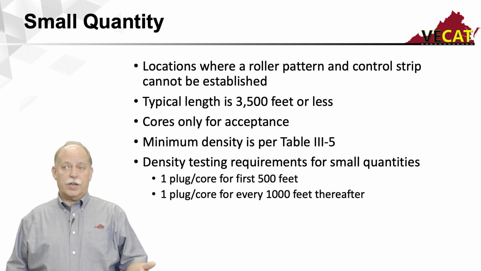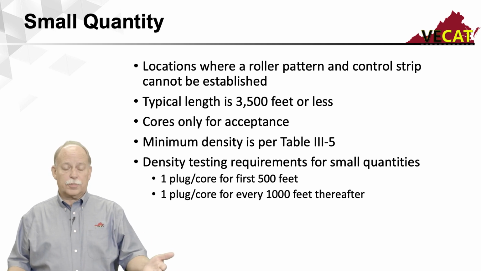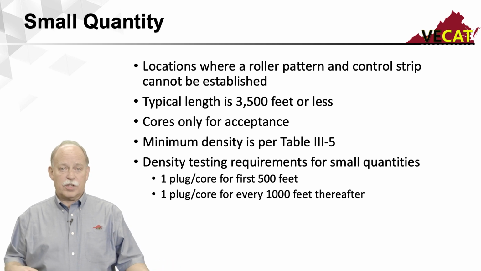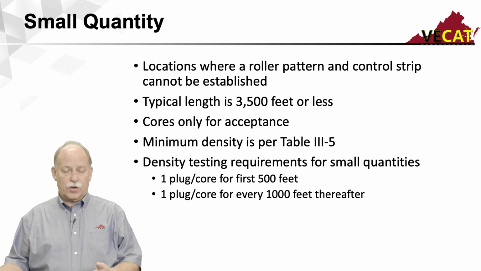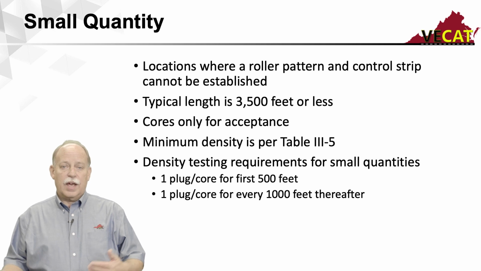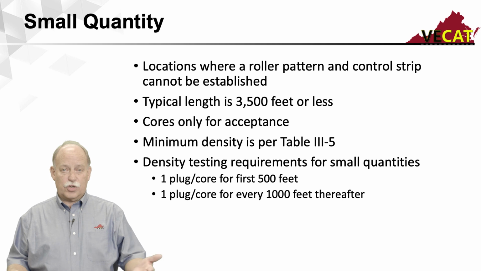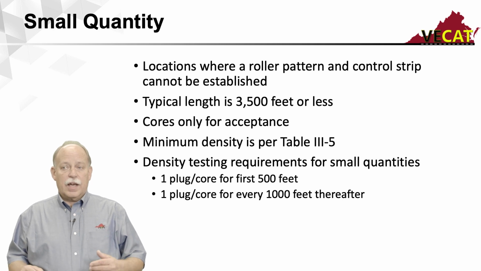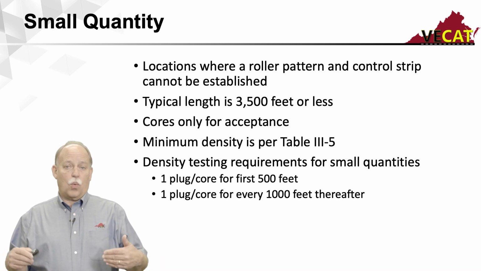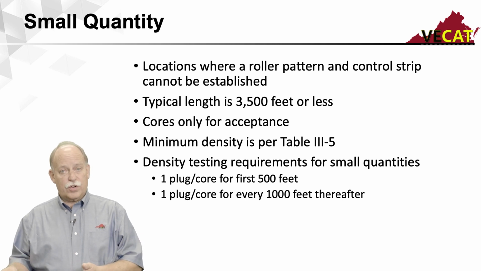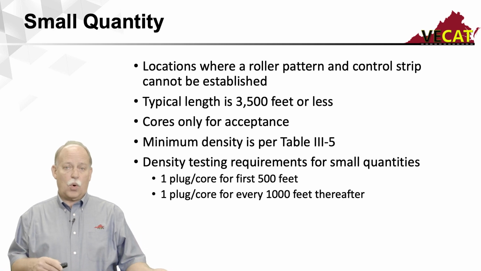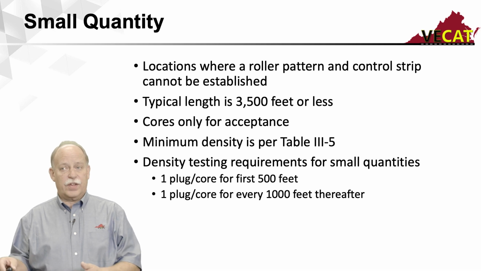So what you'll do then is only use cores. And those cores are taken out of a section that's considered to be a small quantity. Again, it's typically 3,500 feet or less. And then you have a minimum density table, and that's table 3-5. I'll show you that table here in a minute. And through that, you're going to take one core or plug for the first 500 feet, and then you're going to take one core or plug for every 1,000 feet thereafter.